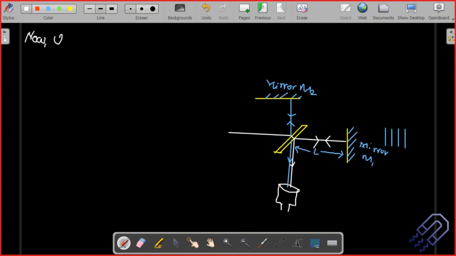What was our velocity? Vx prime. Please remember, x prime is the Earth's frame. So I want to observe what is happening from the Earth's frame in the ether frame. So this relation was actually Vx minus v. This is the relation that we have seen in the last class.